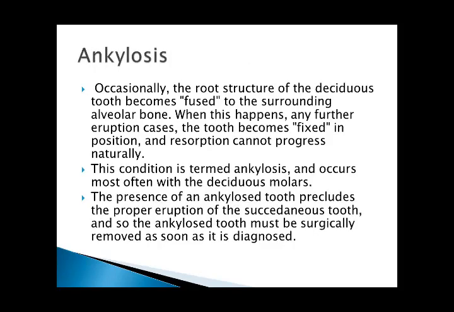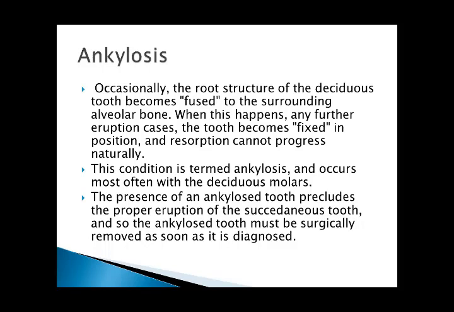Next is ankylosis. What is ankylosis? Occasionally, the root structure of the deciduous tooth becomes fused to the surrounding alveolar bone. When this happens, the tooth becomes fixed in position and resorption cannot progress naturally.